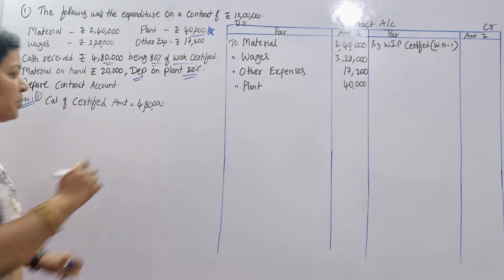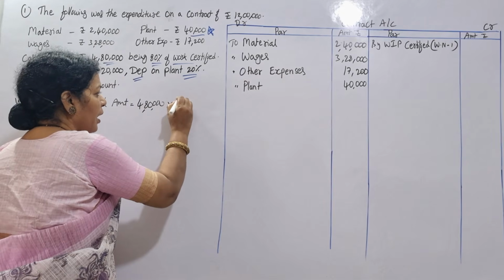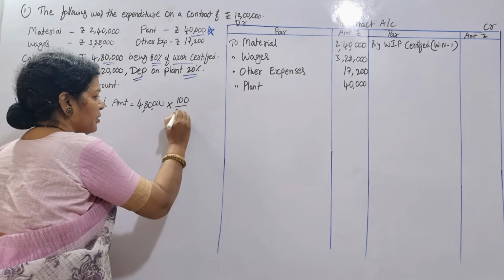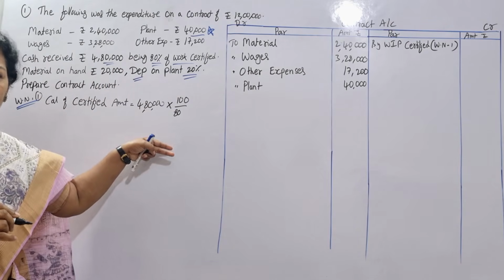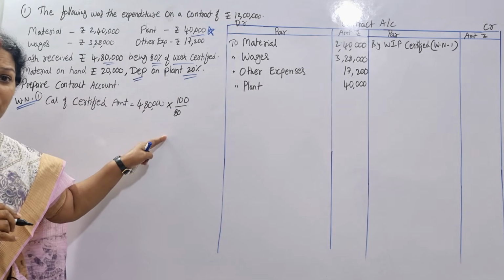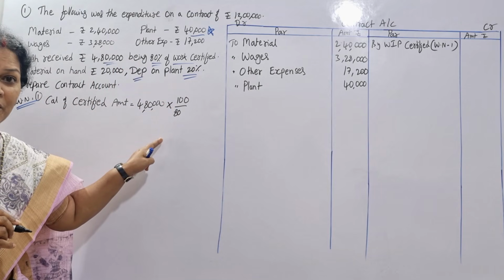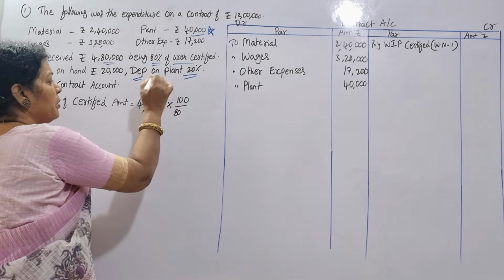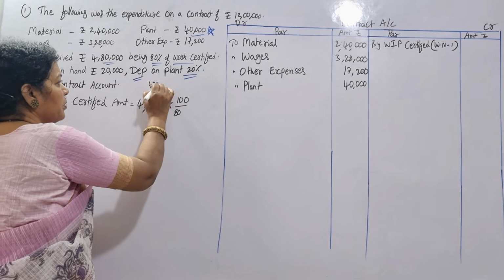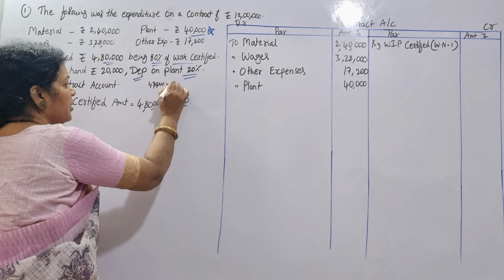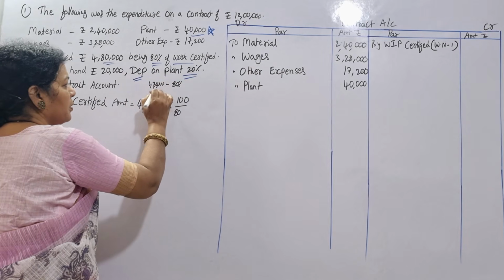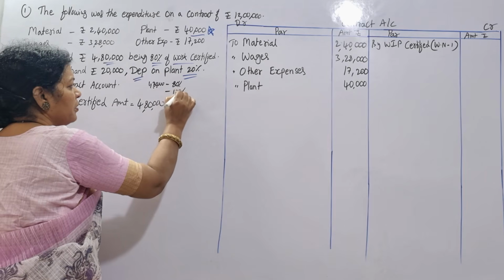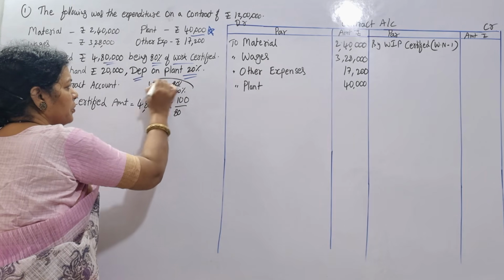For 100%, how much? It means 4,80,000 into 100 by 80. 80% is reversed, we are writing 100 by 80. If it is 70%, then 100 by 70. It is a simple calculation. For 4,80,000 it is 80%, so for 100% how much?